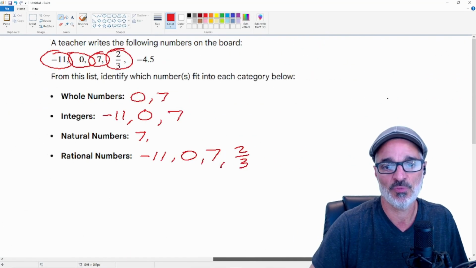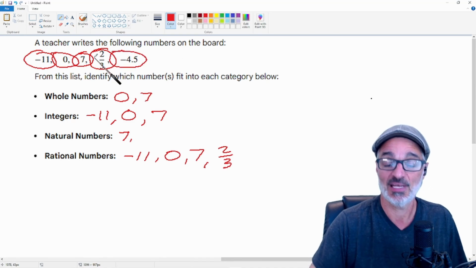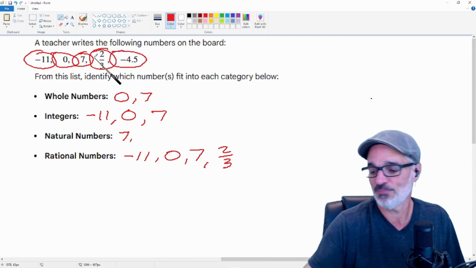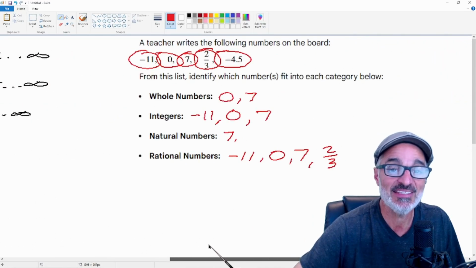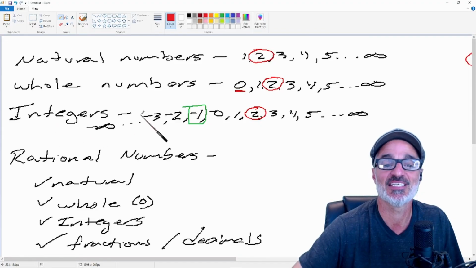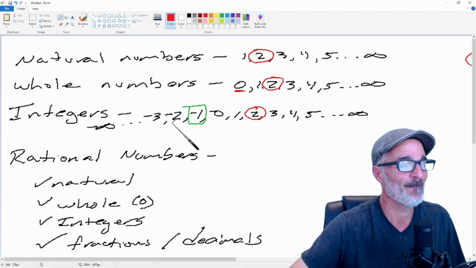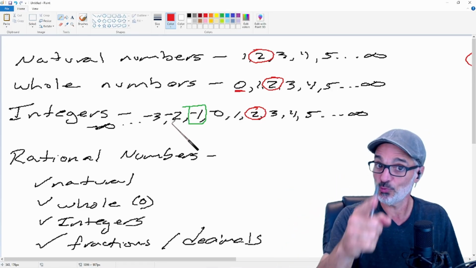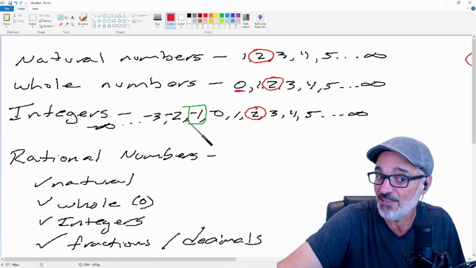And finally, we have a decimal that is negative. So this is interesting because if you see that negative there, you might be tempted to say, oh, it's an integer because integers include negative numbers. But you would be mistaken because it's a -4.5.